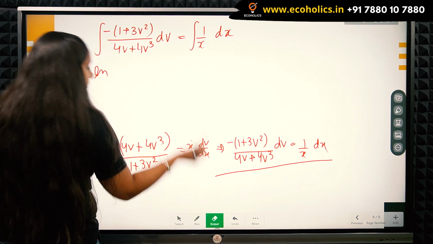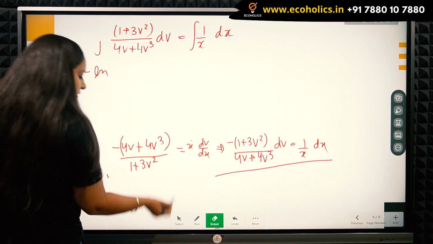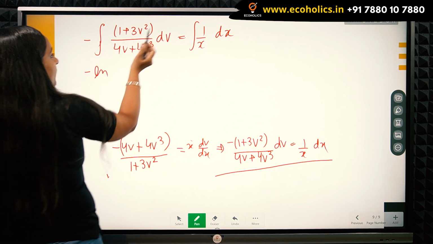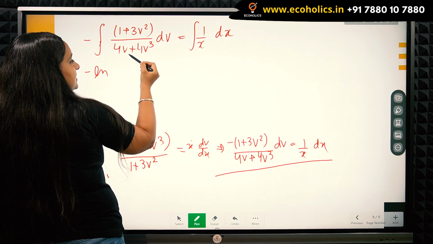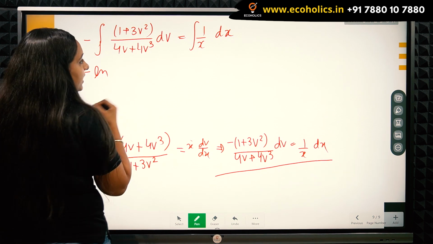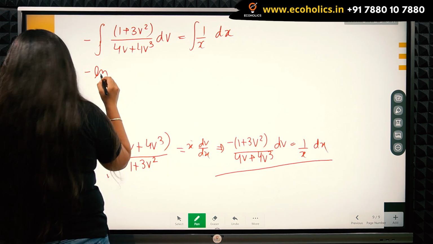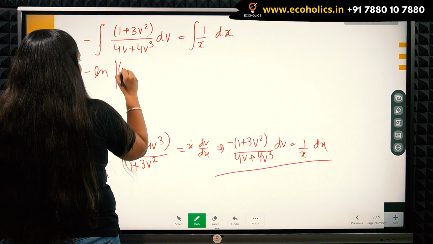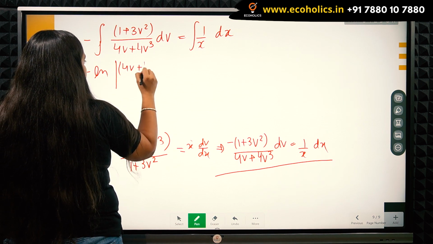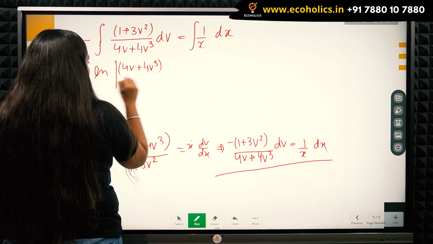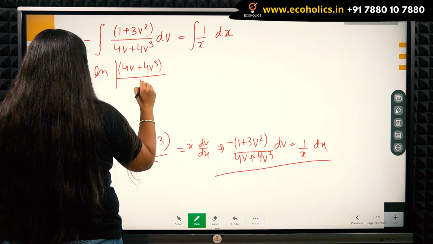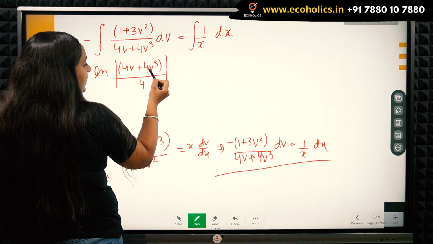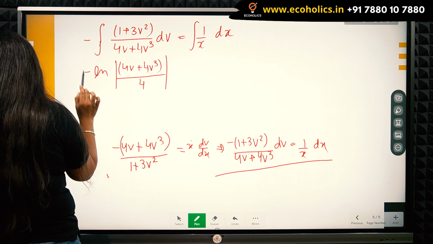So you integrate it like this, minus. If I integrate this function, what I can see is that it's going to be the derivative of some log function. So I will take minus log, and then I have 4v plus 4v cube upon 4. Correct? Because we can only take positive values inside the log, so I have taken the negative sign here.